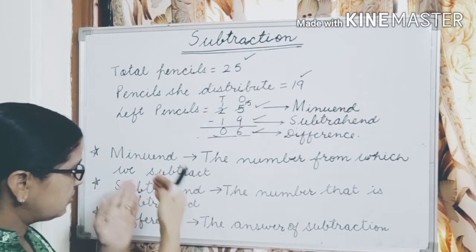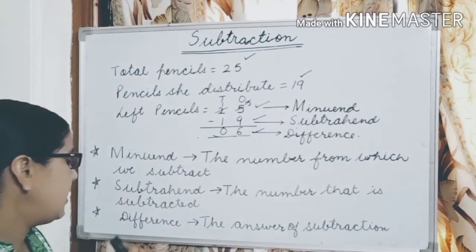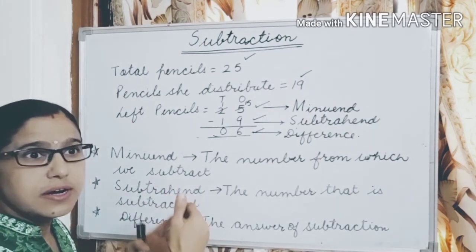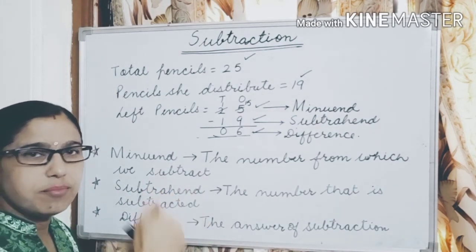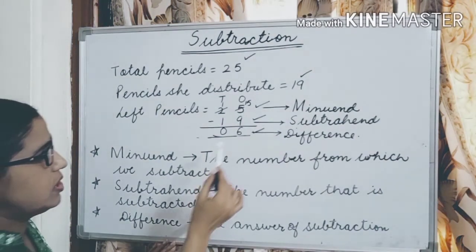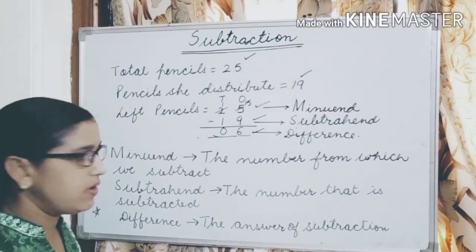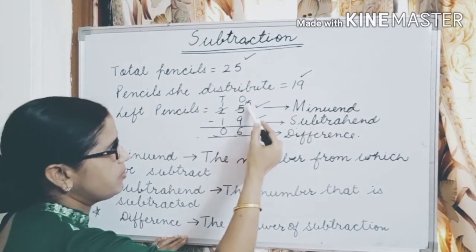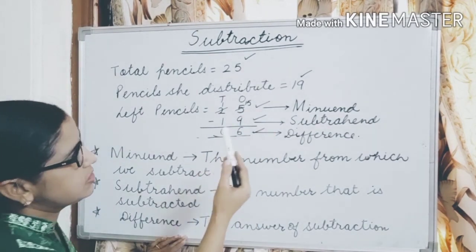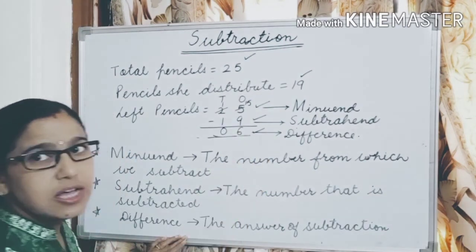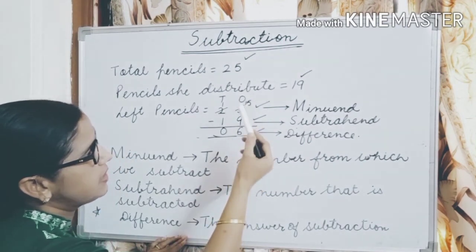And after taking away, the number that is left is called our difference. Always our minuend is the biggest number and the difference is smaller than the minuend and the subtrahend.